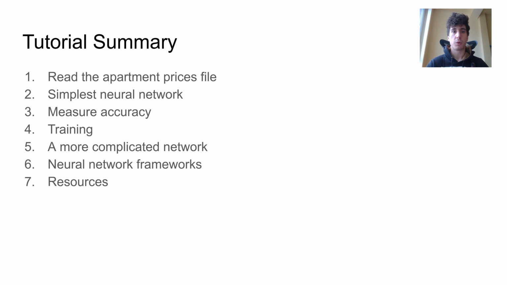Then we'll move on to a more complicated network. And in the end, we'll see how neural networks are implemented in practice. I mean, how can you use them in real scenarios? And the last one will be further resources, so you can learn more about this topic. All right, long way ahead.